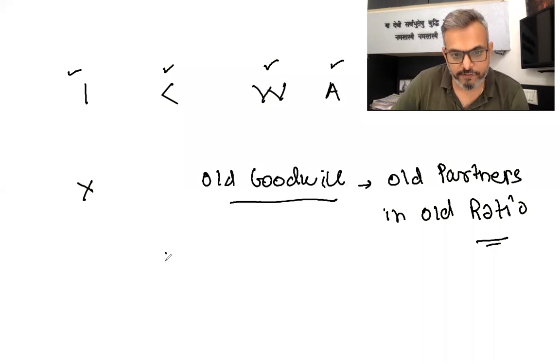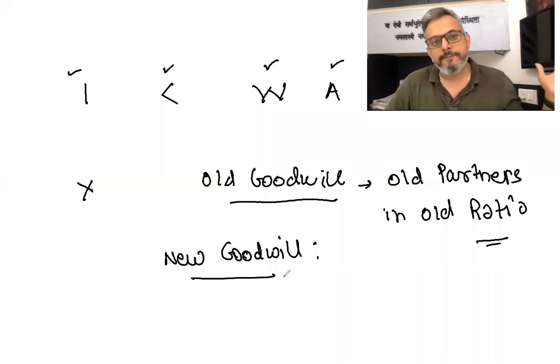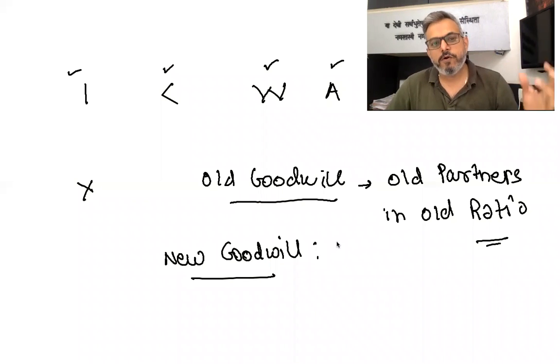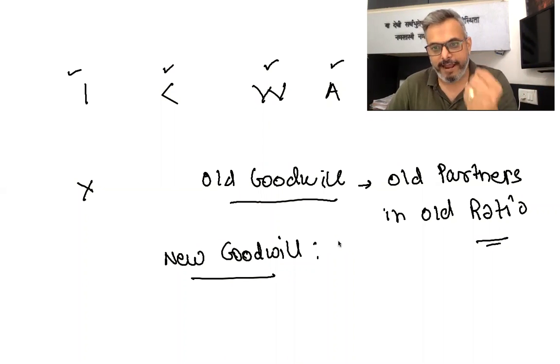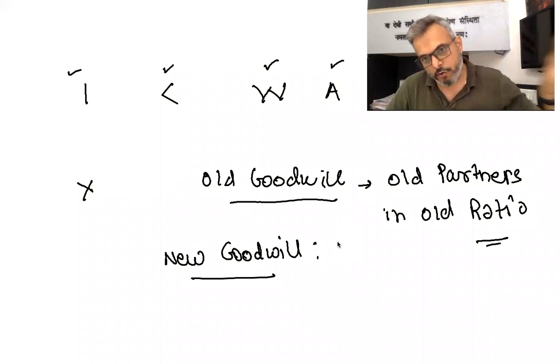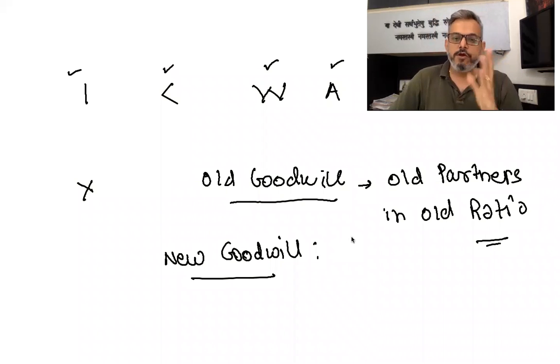Now, whenever there is new goodwill, unlike admission of partner, यानी admission of partner में new partner used to enter the business. So what we used to do is we used to ask for cash for that partner's share. But over here the partner is going. So we are actually supposed to pay the partner for capital as well as for that partner's share in goodwill.